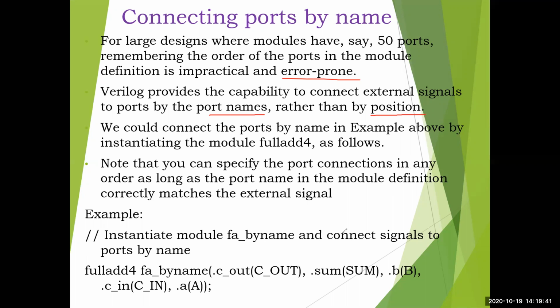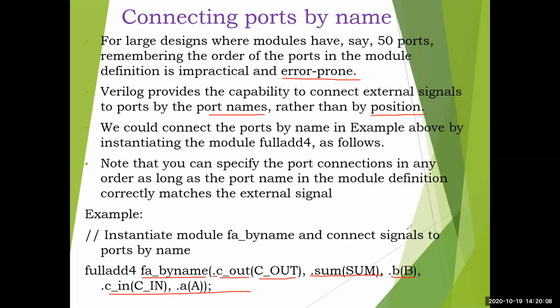Just see the example here, full add 4 with the instance name now, full add by name C. Here we are using dot operators. Then in the design block, what you write is cout, and then what is there in the stimulus block, we write that. This is the order, same way dot sum, dot b, b. There we have used small b, here capital B, dot cin, dot a, like that.